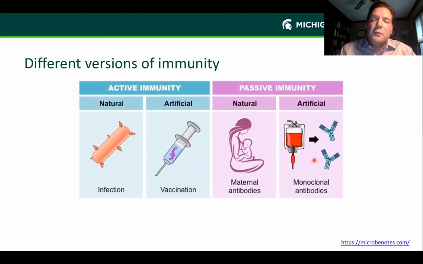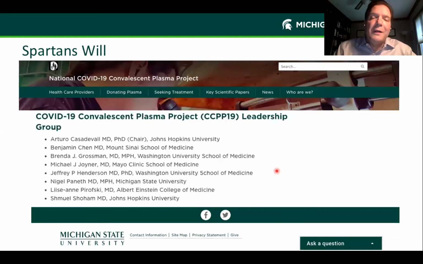And then artificial passive immunity relates to using convalescent sera from people who have been infected. Now at Michigan State, we have some high credit to take nationally on the COVID convalescent plasma project. This is the leadership of that project, a national group of individuals looking to identify convalescent sera as a potential therapeutic. It's being used in people.